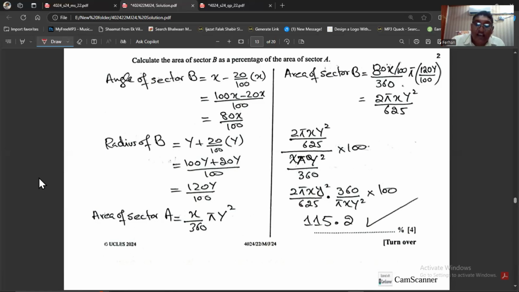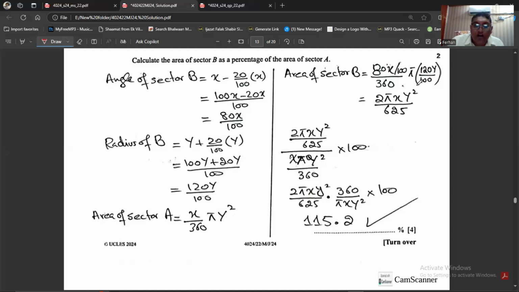When you do this in your calculator and convert this into fraction, you will get 2 by 625. So you will write 2 pi XY square divided by 625.